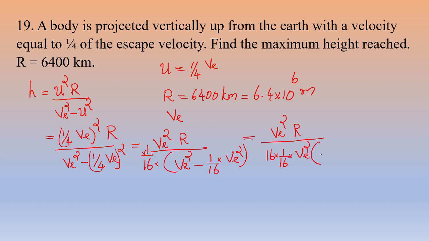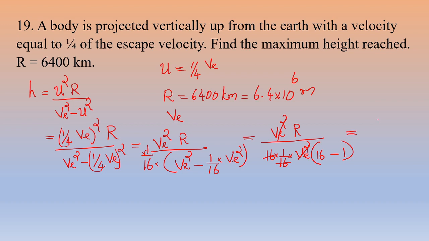When it is taken as common, the first term we have to multiply with 16, minus 1. So we can cancel out this 16, and this v square and this v square.